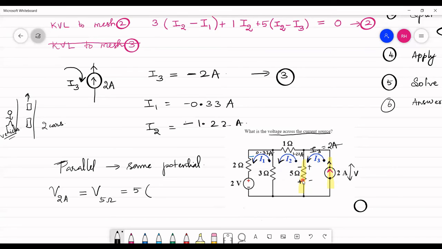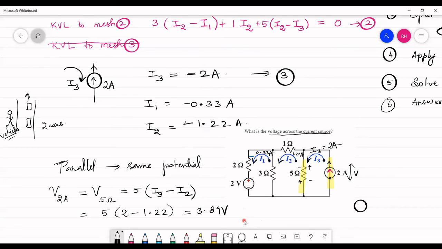It could be seen that across the 5 ohm resistor, we have two currents flowing. One is I3 and the other is I2. I write I3 minus I2 because I3's magnitude is greater than I2. After solving, we have 5 into 2 minus 1.22, and the final answer, which is the voltage across the 5 ohm resistor, is 3.89 volt.